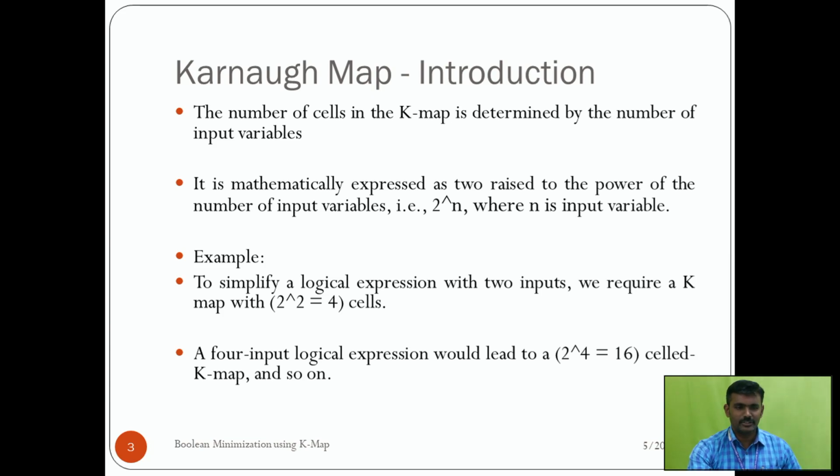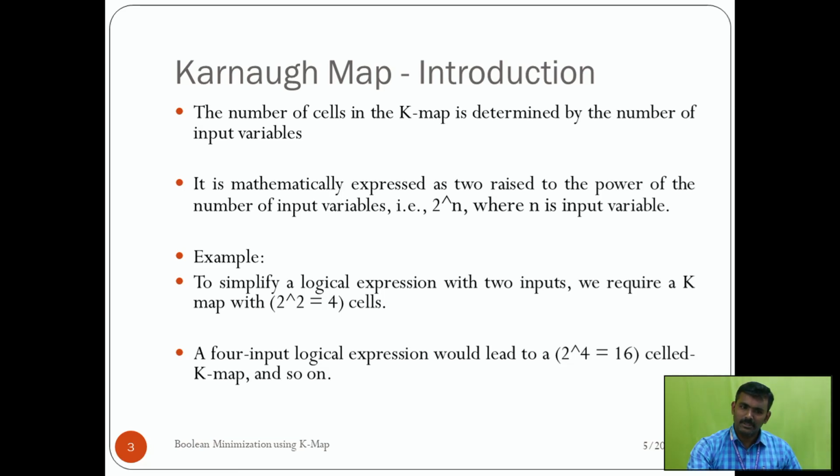In a Karnaugh map, the map is determined by the number of input variables. The Karnaugh map is a graphical method of simplifying a Boolean expression. There are a number of cells present, determined by the number of input variables.